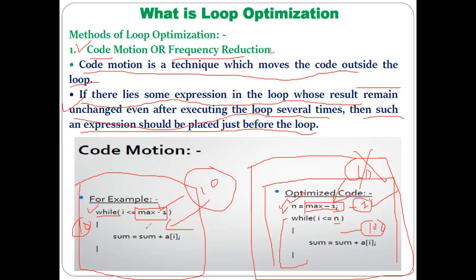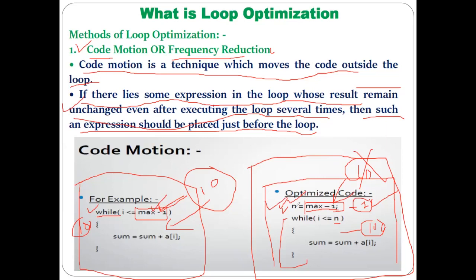The number of times max minus 1 is executed can be 10 times, 100 times, meaning the frequency is very large, and because of that the execution time of the program is increased. But there is no need for such multiple executions of this particular sub expression. So can you reduce the frequency of execution of this expression? Yes. How can you do this?